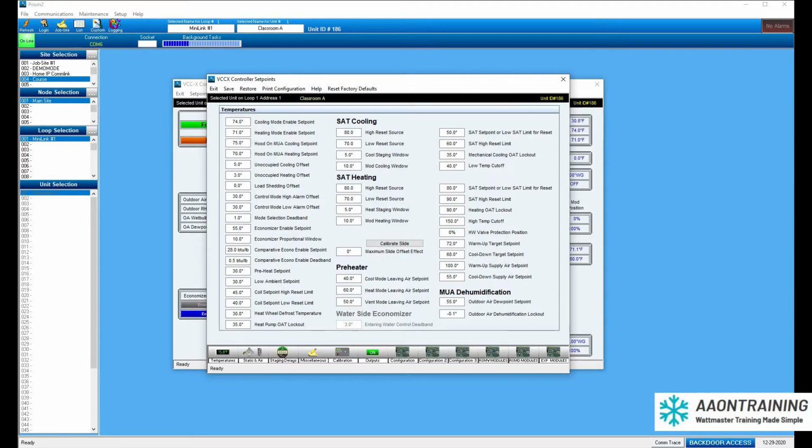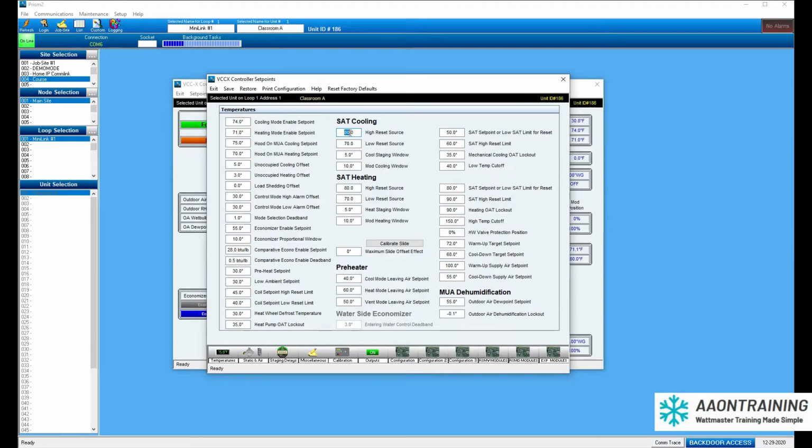So just setting the leaving air set points for cooling and heating is the most basic and frankly most common way to have leaving air control. You could, if you wanted to, add in resets. What a reset does is it basically says, so we'll look at cooling here, and say we'll talk about it as if it was a constant volume unit with a space sensor.